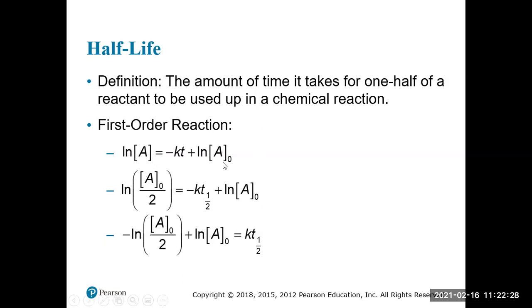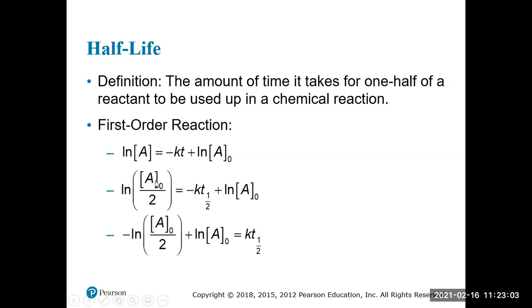So here's our formula for a first order reaction. This was our y equals mx plus b type of setup. If half-life is the time it takes for half the reactant to be used up, we can take this A term on the left-hand side and replace it with the initial concentration divided by 2, because that's what we're trying to find: the concentration we started with, how long until it became half.